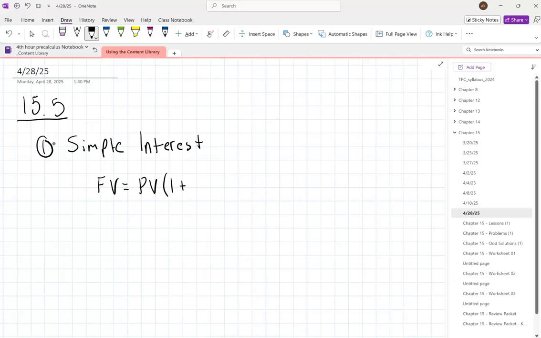So to calculate simple interest, we're going to use this formula. FV is equal to PV times the quantity 1 plus Rn over 100.